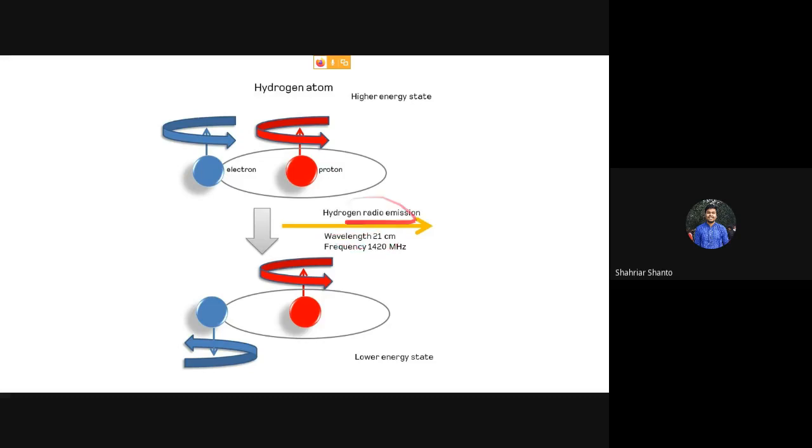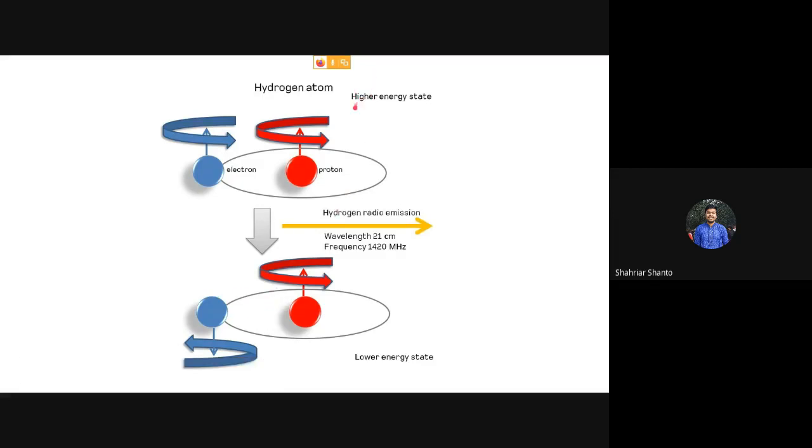And something about the 21 centimeter radio emission. The hydrogen atoms have 2 states, higher energy states and lower energy states. The higher energy state is when the proton and electron spins are aligned. So the spin is in the same direction. And the lower energy state would be when the spins are not aligned, anti-aligned.